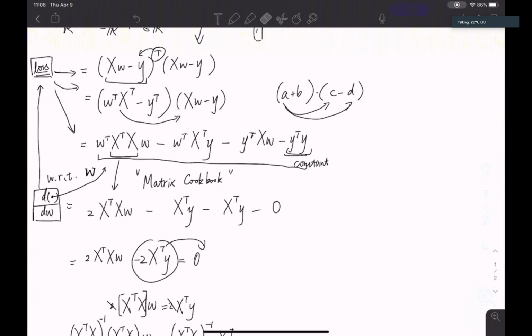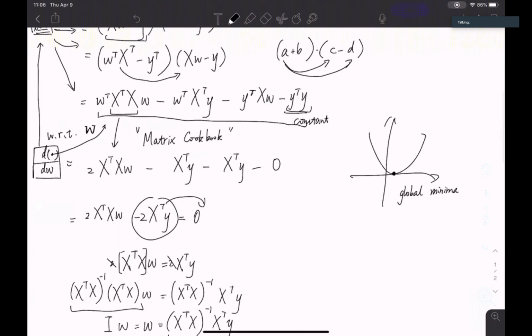It's a convex function, like in 2 dimensions would just be something like this. So when the derivative is 0, we'll reach the single global minima. Sorry for this confusing. It doesn't have to be on this axis.